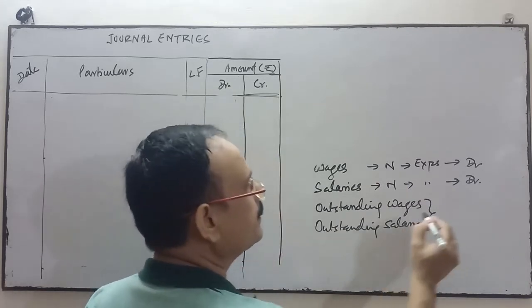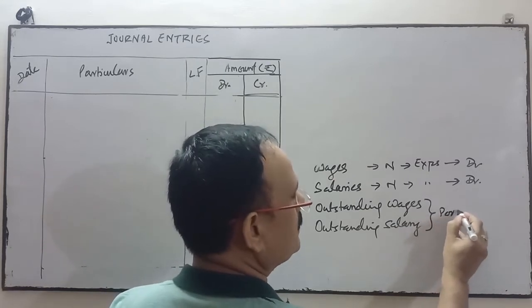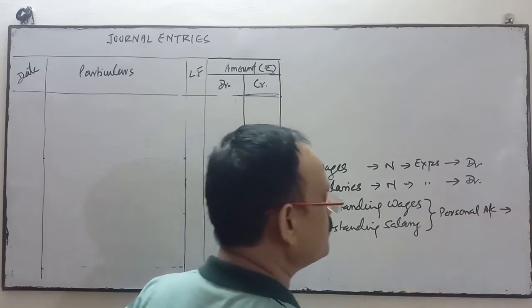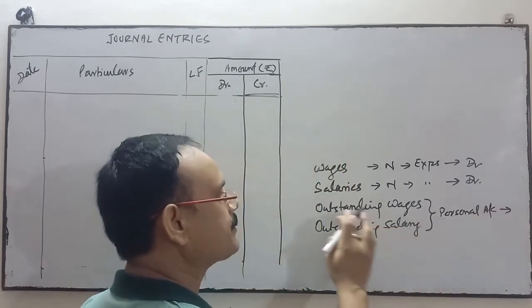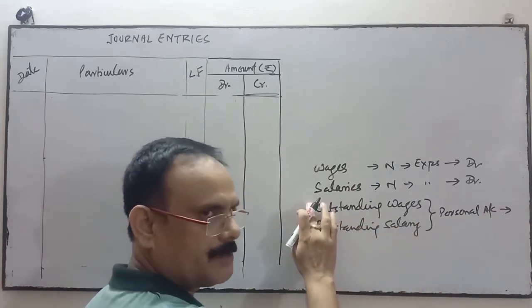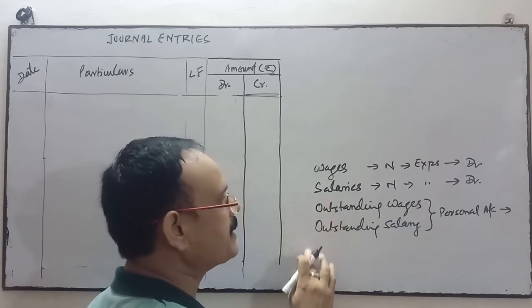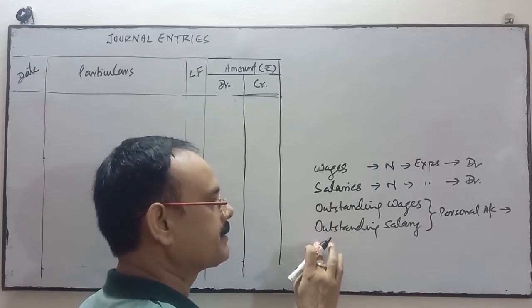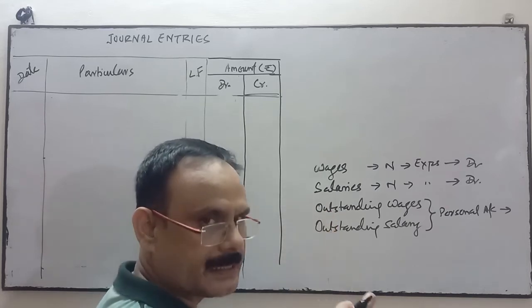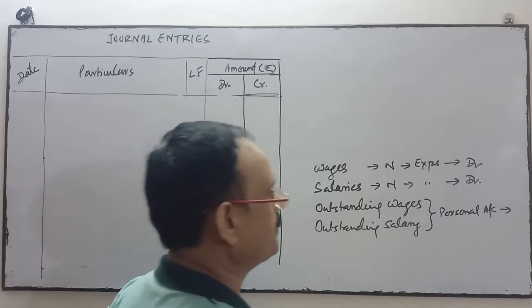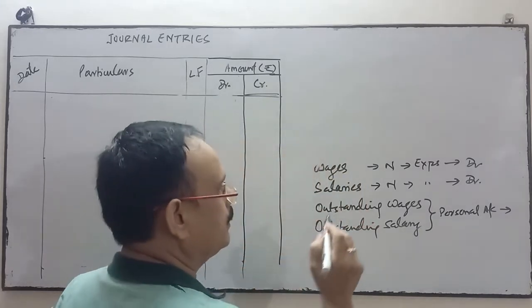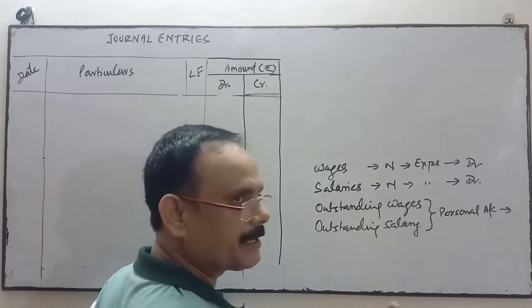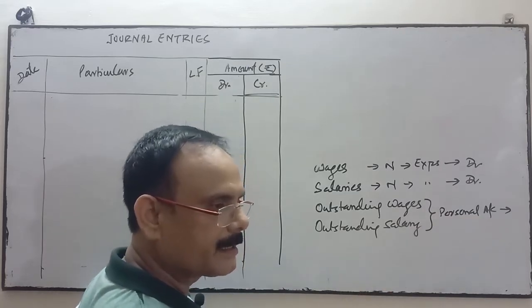They come under personal account. And you know the rules of personal account. Under the personal account, do they come under artificial person, natural person or representative person? Outstanding wages and outstanding salary come under representative person. Okay. So the rule of personal account is debit the receiver and credit the giver.